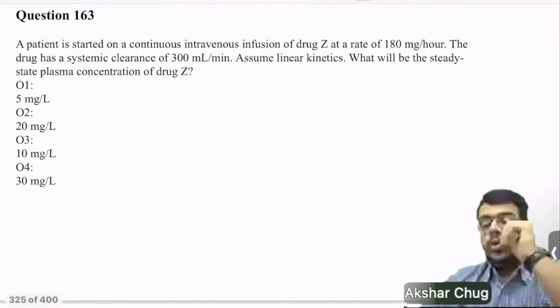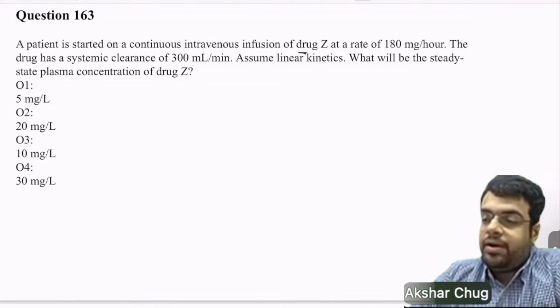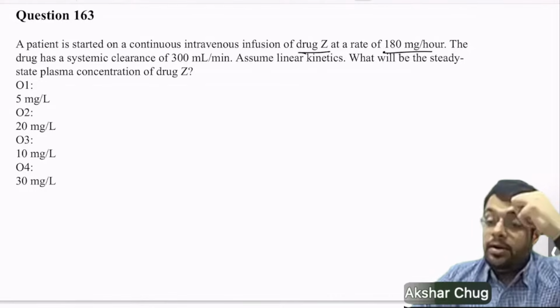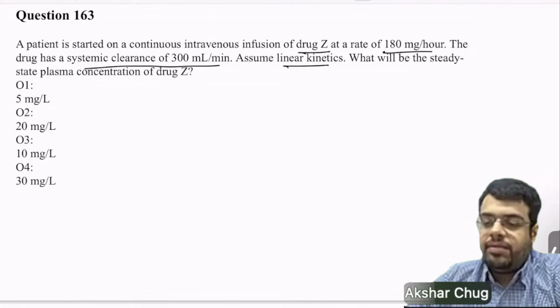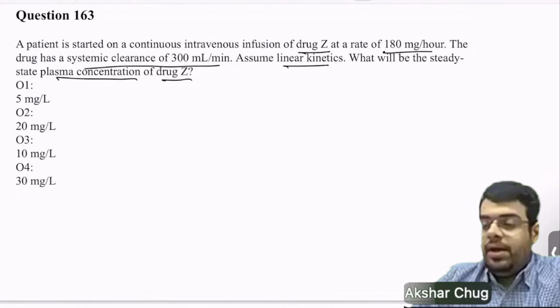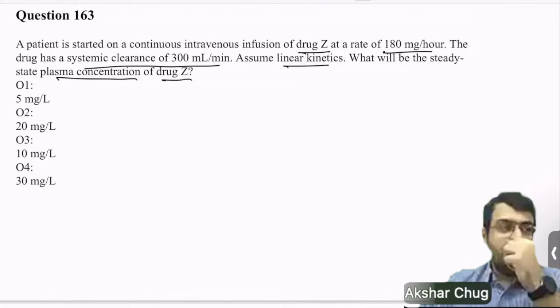Moving on to question 163. A patient is started on a continuous IV infusion of a drug Z at a rate of 180 milligram per hour. The drug has systemic clearance of 300 ml per minute. Assume linear kinetics. What will be the steady state plasma concentration of the drug? Now, as a fact, we know that at steady state, the input should be equal to the output, right?